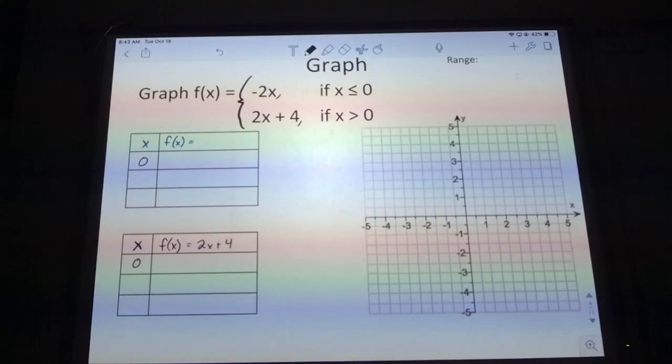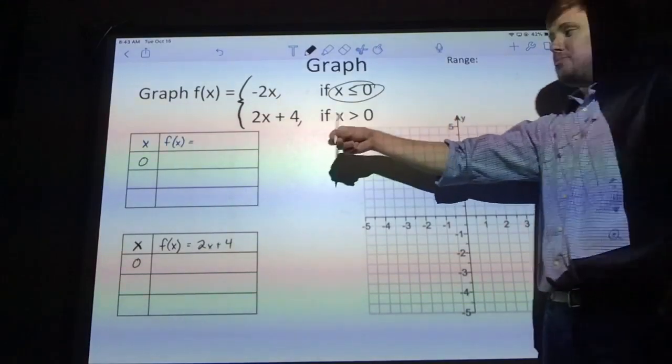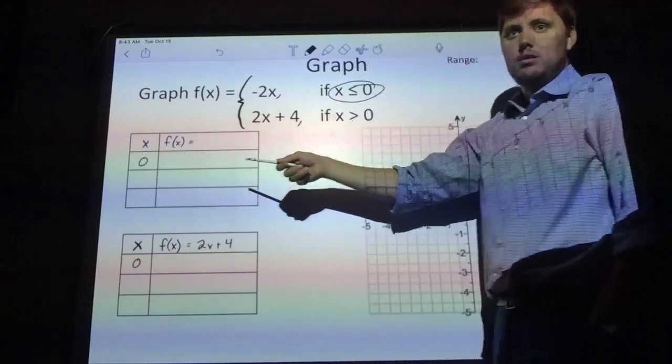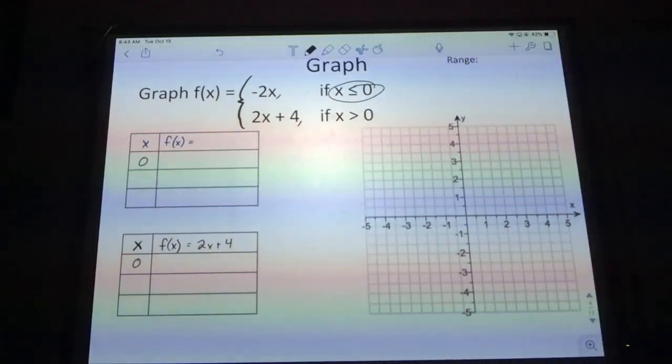So it might not always be 0, 1, 0, negative 1. It all depends on what this part says. So that says the x's on this top one are only allowed to be less than 0. But if that top one said greater than 0, then you'd have to put 0, 1. Does that make sense? Yeah. Okay. So 0, less than or equal to 0.